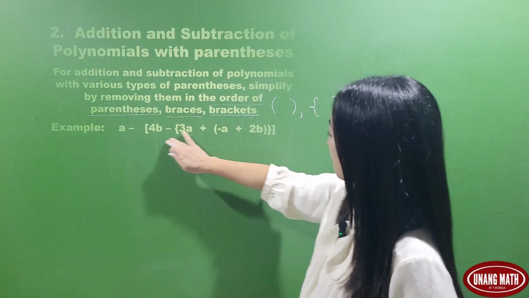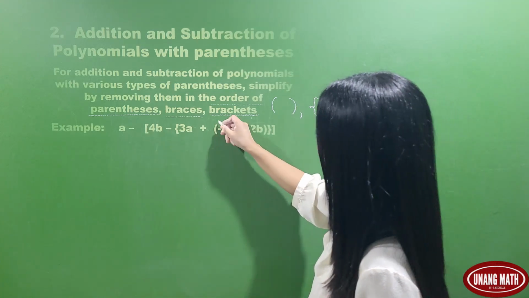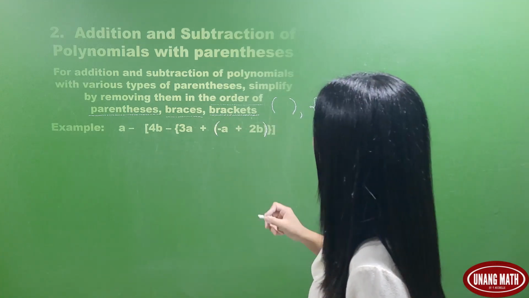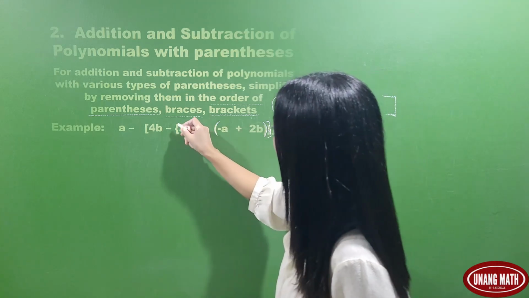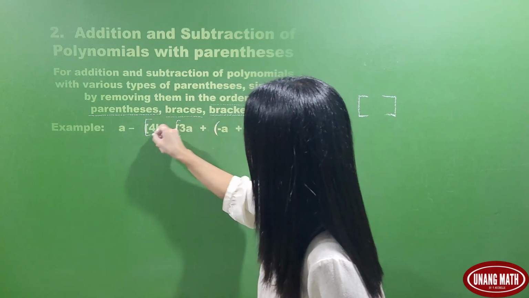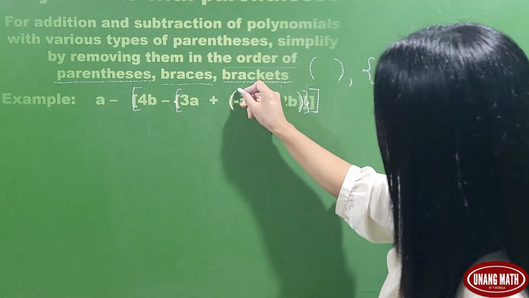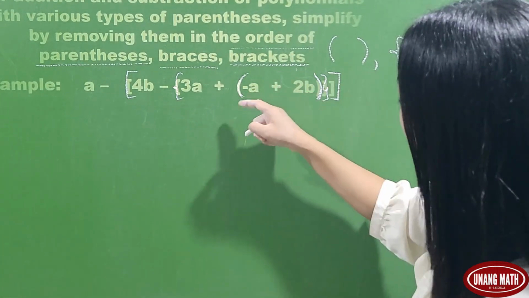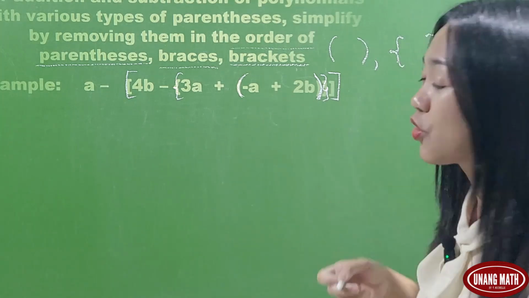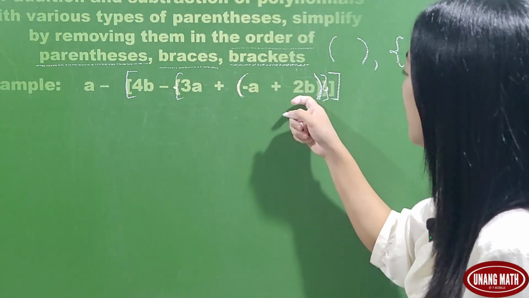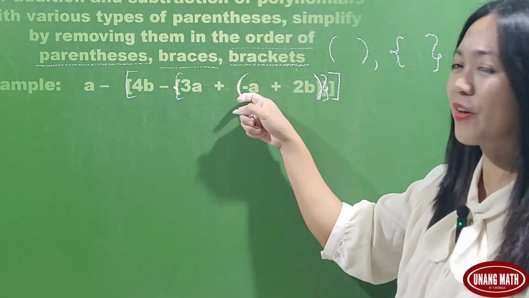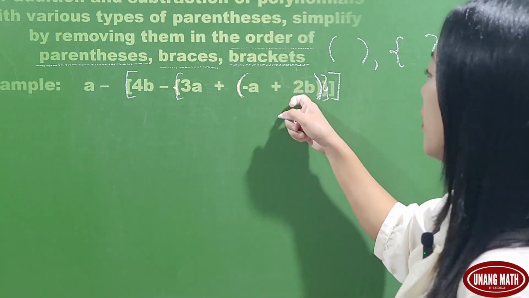Okay, example. This expression has parentheses, also braces, and brackets. So first, simplify the expression inside the parentheses. Negative a plus 2b. Since these are not like terms, we can no longer simplify this expression.